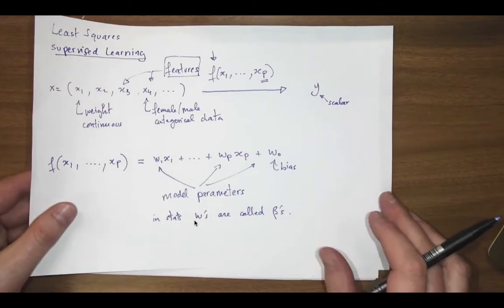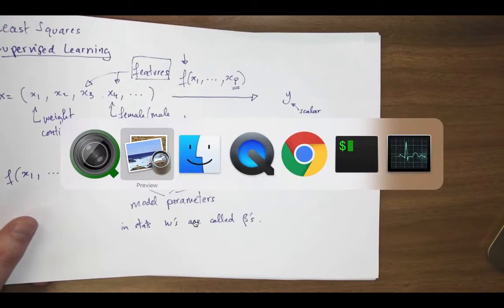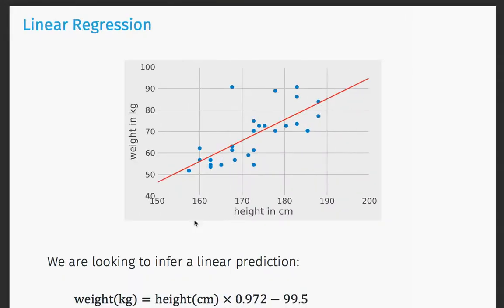If you come back quickly to that example here, the feature we collected about the person is the height, and we want to infer the weight. On the x-axis we have the input feature, and on the y-axis we have the outcome. We're trying to find a straight line that will go through that data, so we can make a prediction.